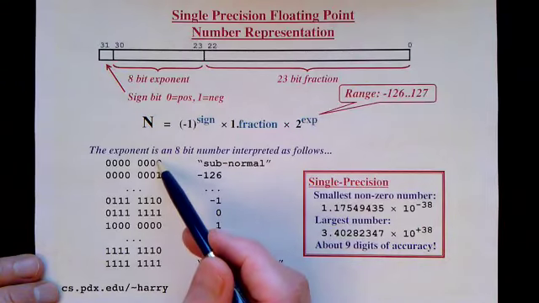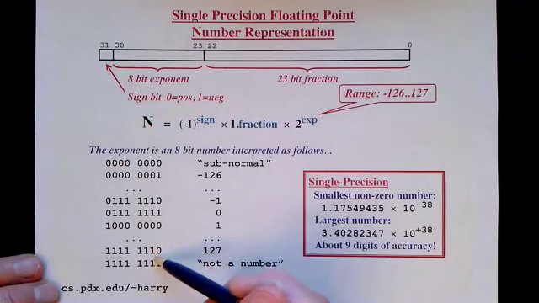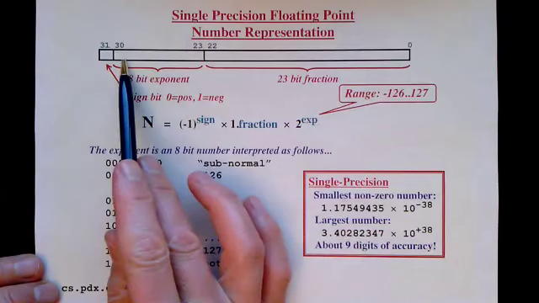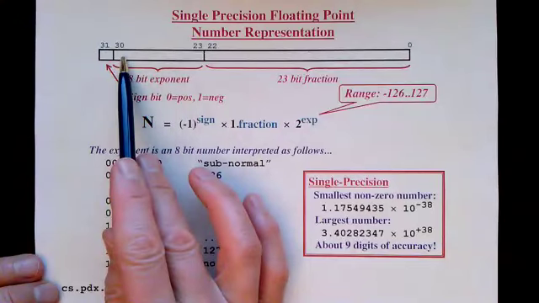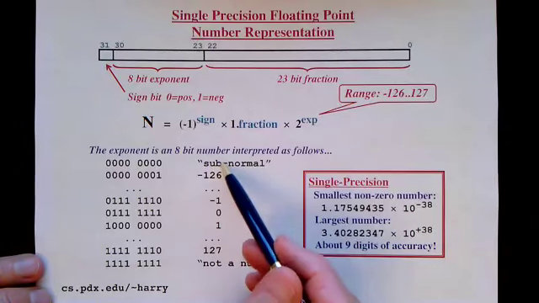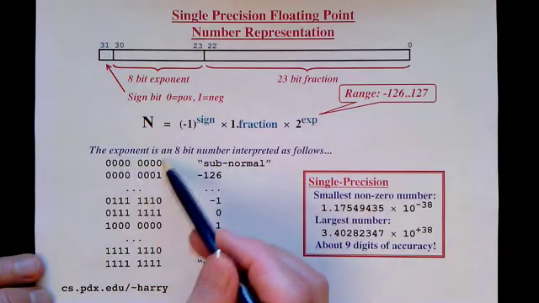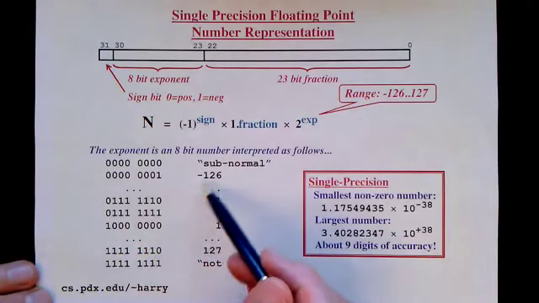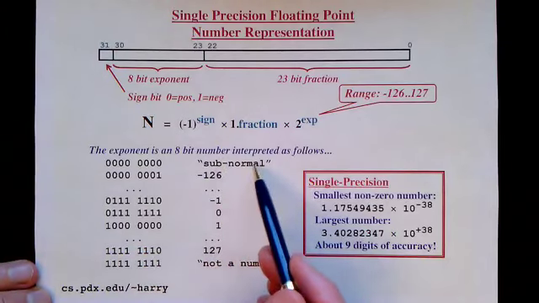And so here I'm showing all the 8 bits that could be in this field right here. And two of the bit patterns, all zeros and all ones, are used for something else, and I'll get to that in a second.